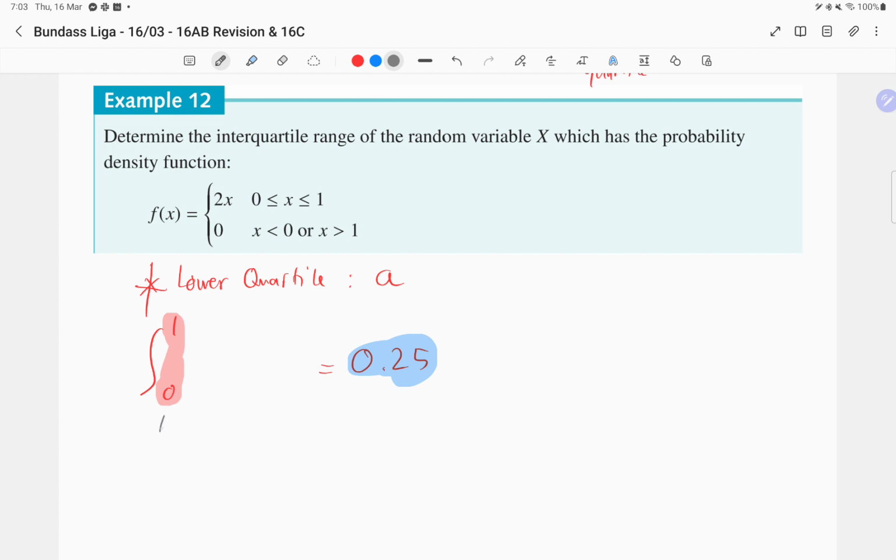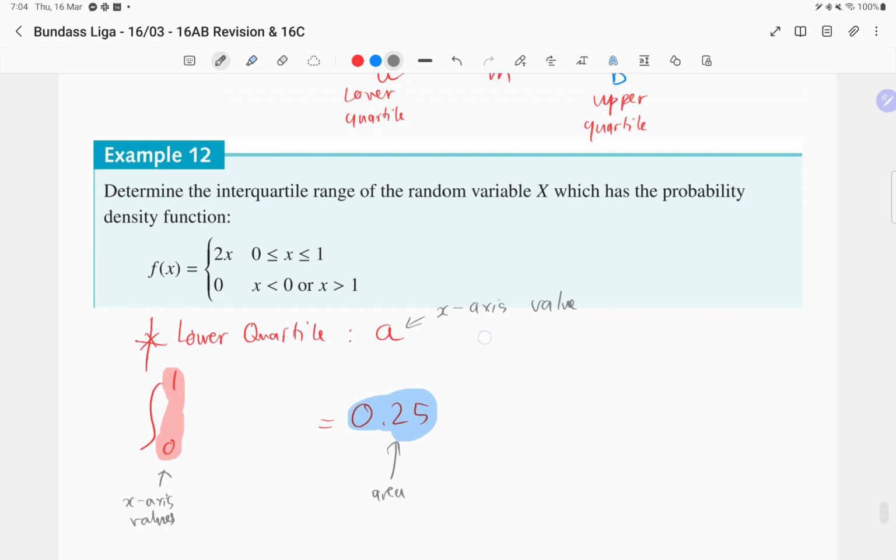So this is the x-axis values, and then this is the area. The lower quartile is an x-axis value, a value on the x-axis. That's why I call it an x-axis value.